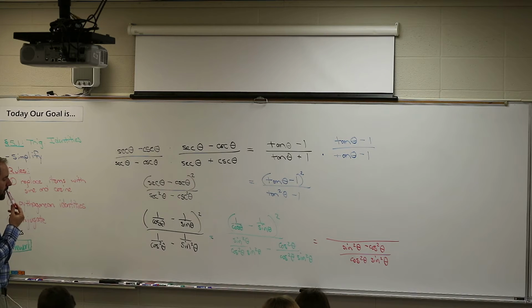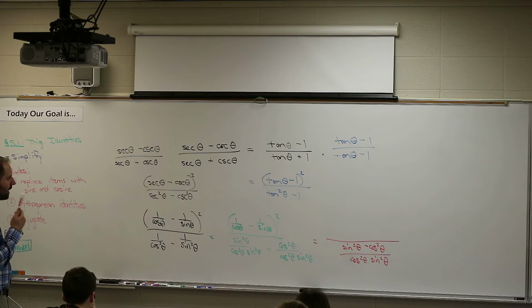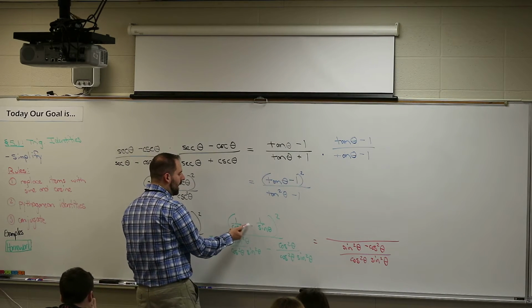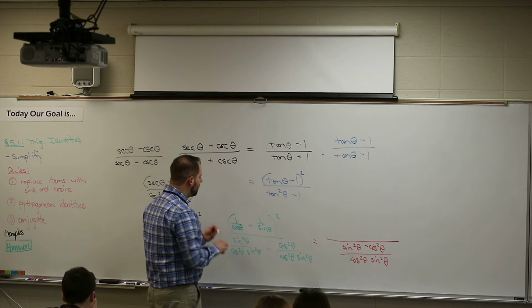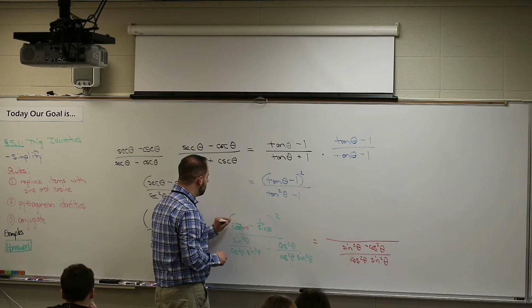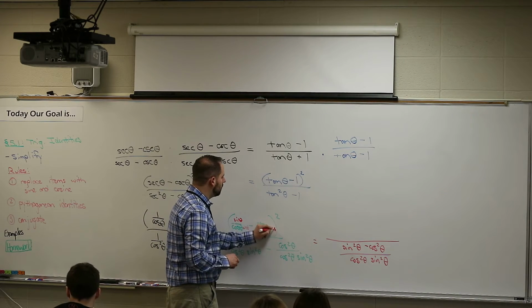I don't know how they're thinking about attempting this problem, other than actually foiling the top, first, outer, inner, last. Worth a shot? Yeah, it's worth a shot. All right, we've got to get common denominators on the top. So that would be sine, should be cosine.